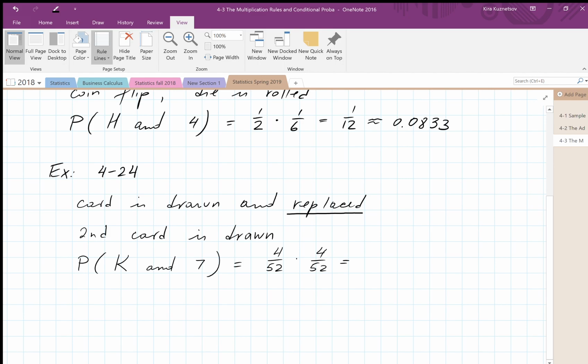All I need is to simplify this out and give a final answer. I'm not going to bother with fractions anymore. I am multiplying 4 out of 52 times 4 out of 52 on my calculator, and my final answer is an approximation correct to 4 decimal places. 0.00, I have 5, 9, and then a 1, so this is sufficient.